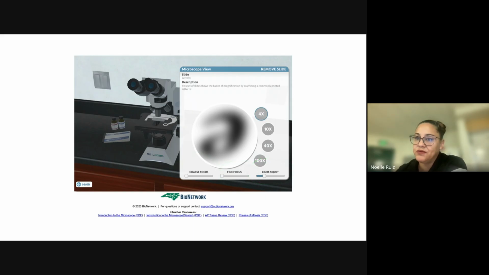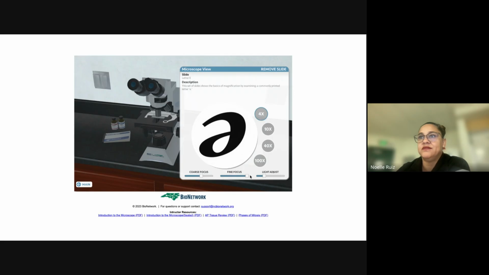Do you want more light? Do you want less light? You slide these back and forth until it comes into view. So coarse focus does it in big steps, and then fine focus does it in little steps. You can still see the difference, but it's little steps. And then light, really bright light doesn't always work. So light you usually want in the middle.